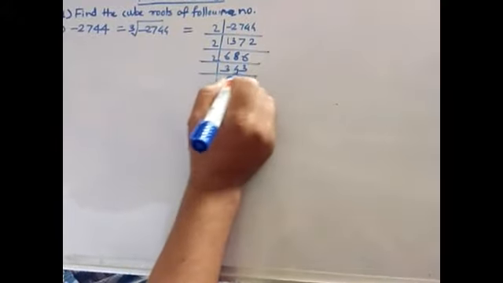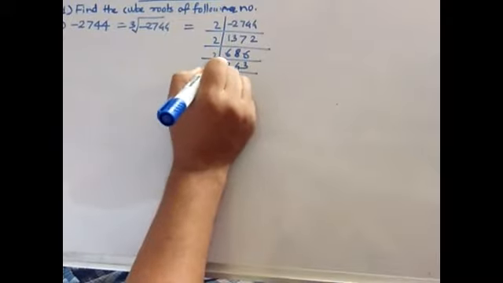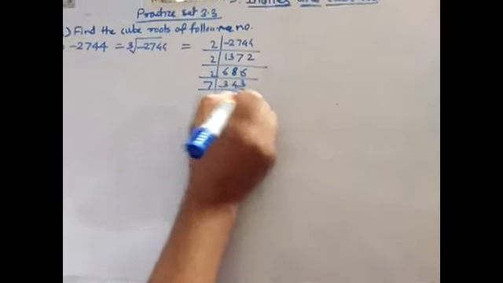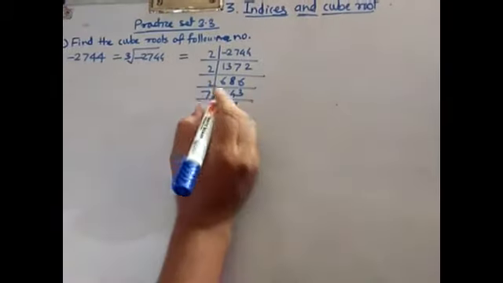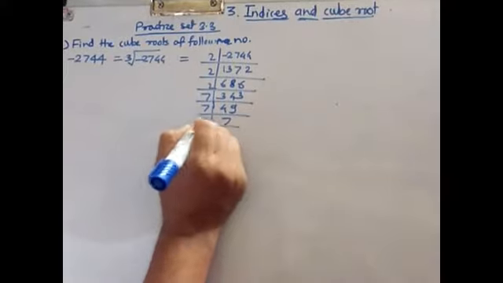Again this number is odd, so we take 7: 4 7s are 28, and 9 7s are 63, and then 7 7s are 49, and 7 1s are 7.